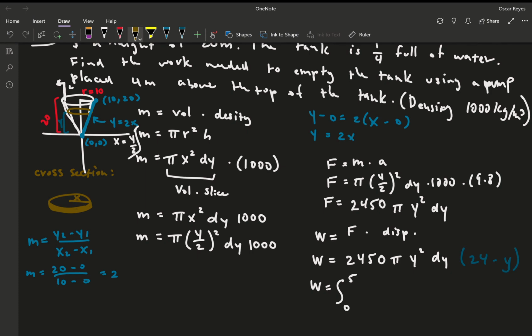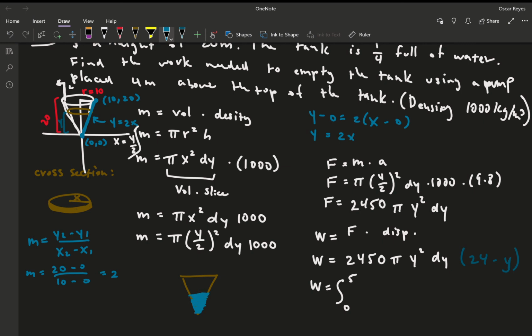Again, the tank was only that much full. If we decide to pick a slice, we can only select the slice below it, thin slices, that's what dy is, or above it.